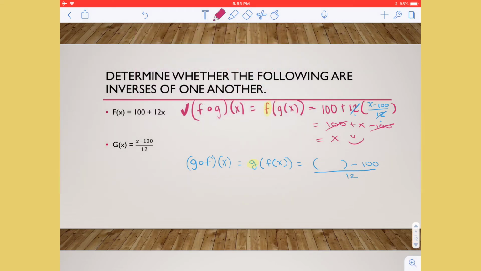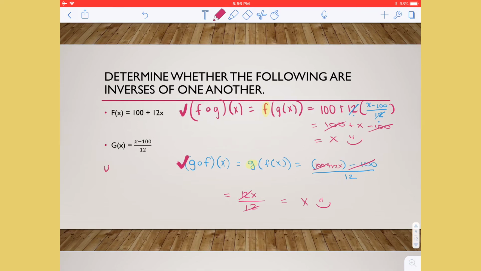And in for x, I'm going to plug in my f function, 100 plus 12x. And 100 minus 100 go away. And so I am left with 12x divided by 12. And the 12 on top and on bottom cancel each other out. And again, I am left with just x. So that means g composite f of x also worked and got me the value x. Therefore, yes, these are inverses.